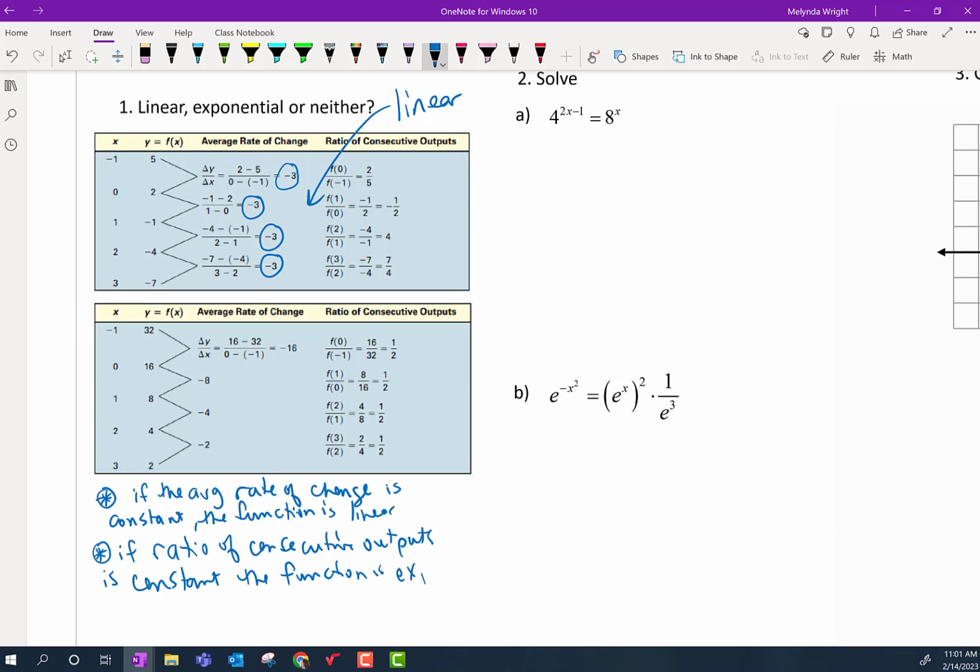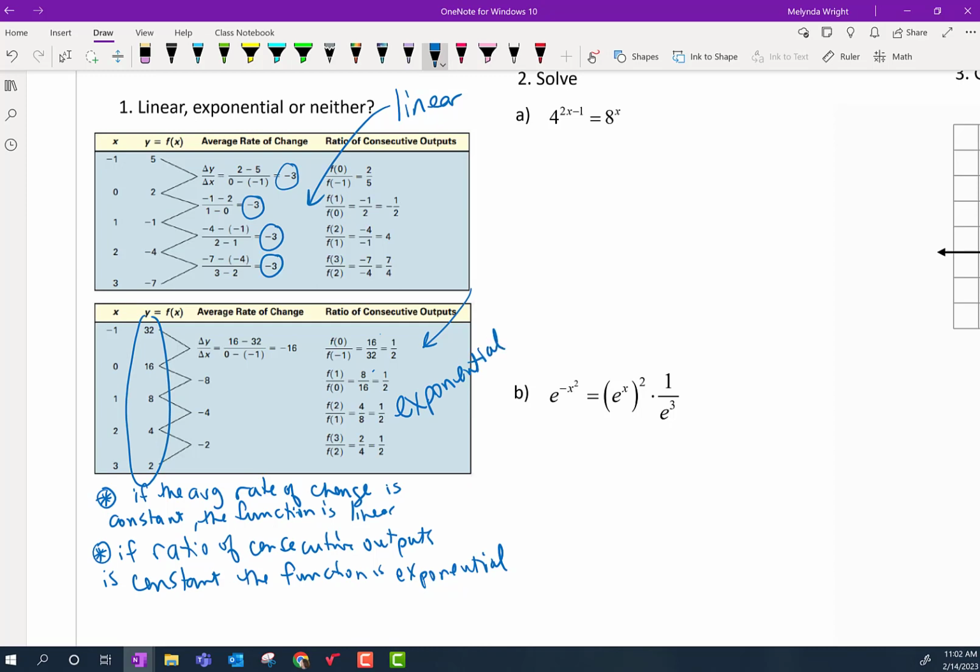So this is how we tell. We look at this one, and what they're doing is they are taking these values right here, and they're putting them in a ratio. Like 16 over 32 is a half, 8 over 16 is a half, 4 over 8 is a half. And all those ratios end up being the exact same thing. That means that this is exponential.